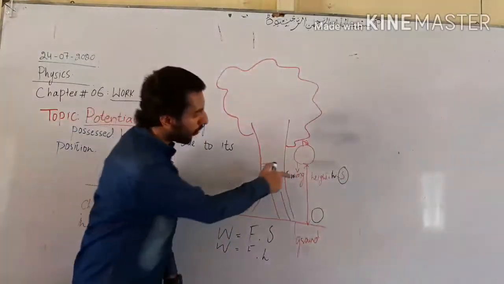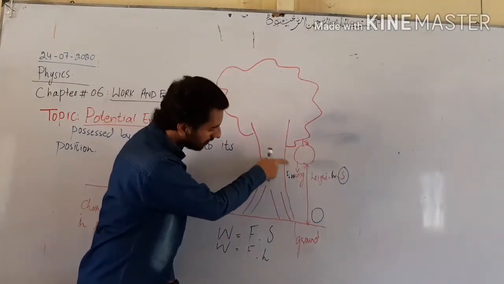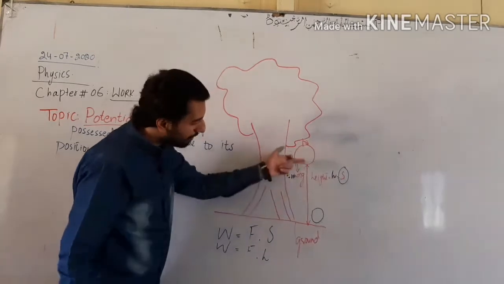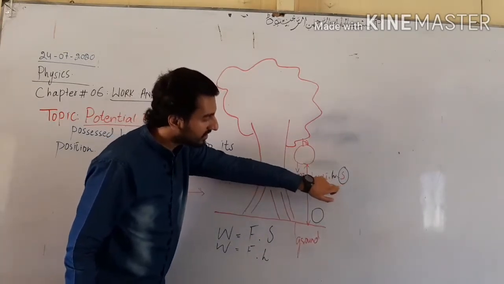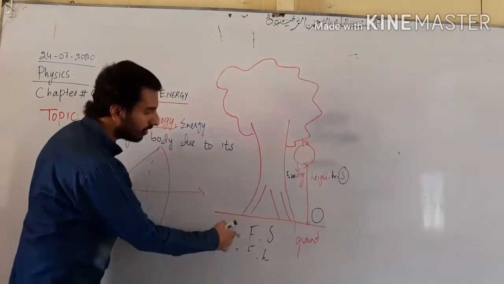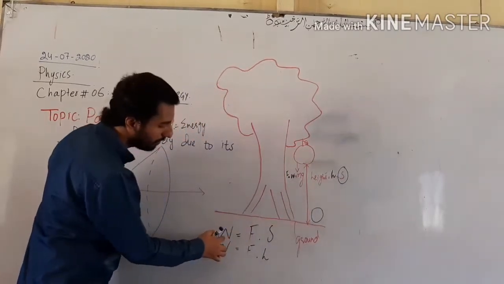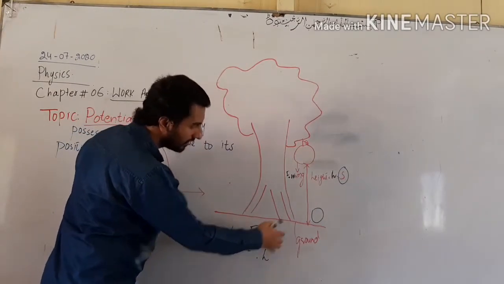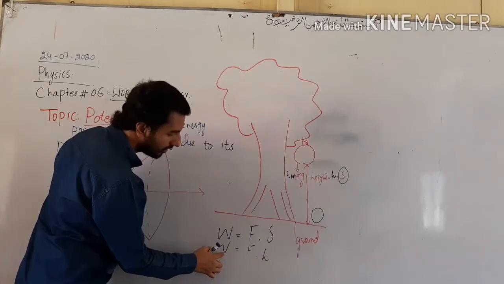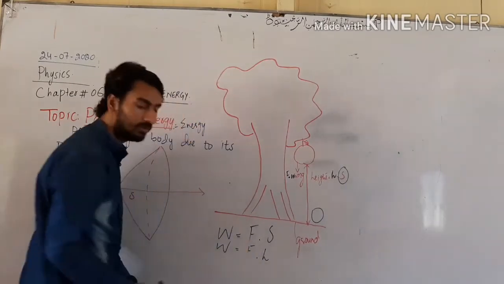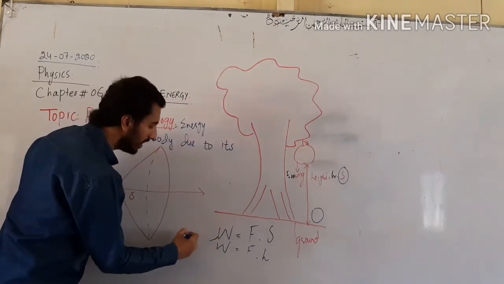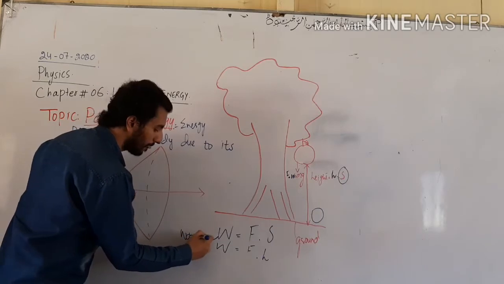Here the force is acting downward on the apple. The apple comes down, covering a distance equal to its height. So work is done here. W is equal to F into S. Here S is equal to the height, so W is equal to F into h. Here W is the work done.